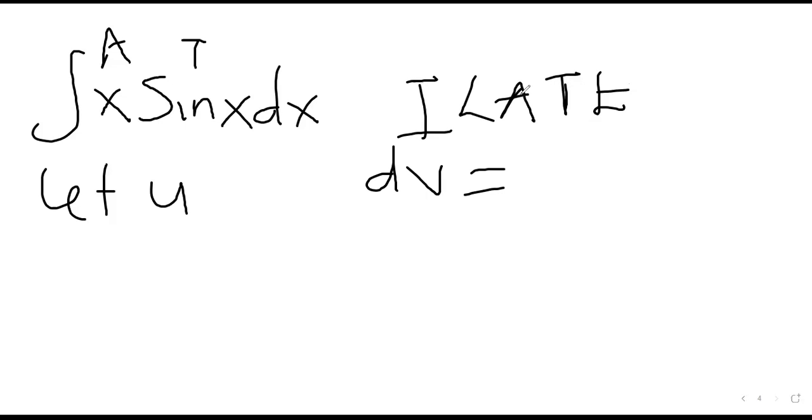You can only let u be equal to trig if the next function you have is an exponential. And you can only let u be equal to algebra if the next function is either a trig or an exponential.